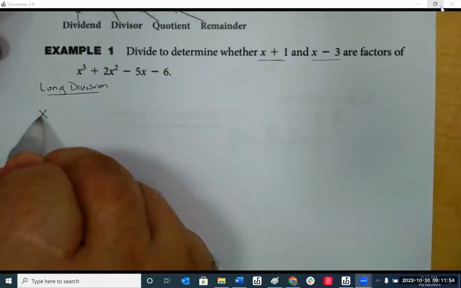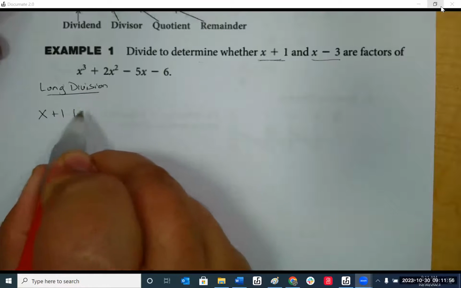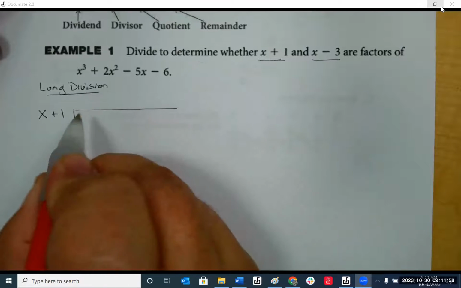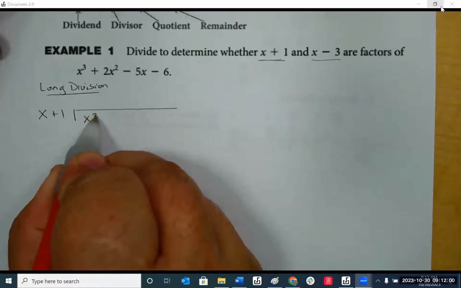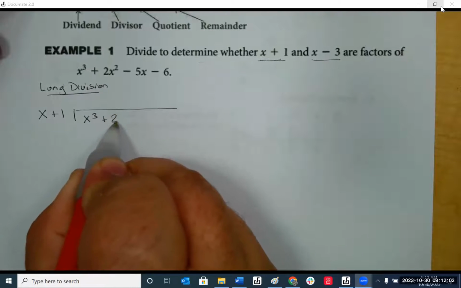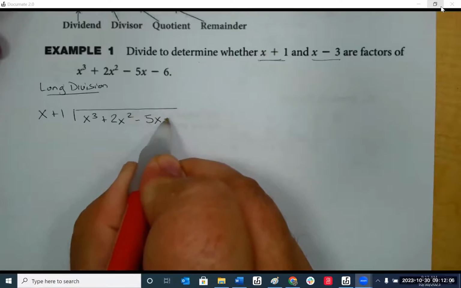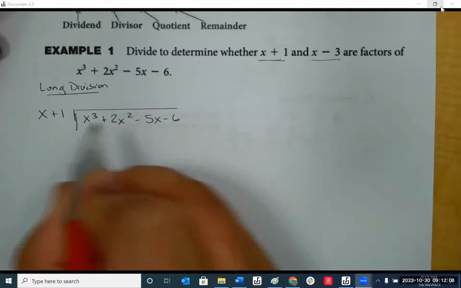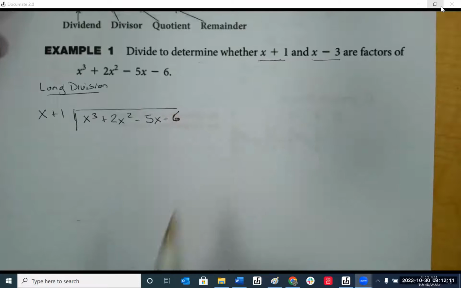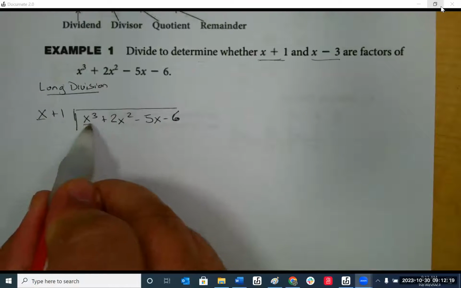So we have x plus 1, x cubed, 2x squared, minus 5x minus 6. Again, look at leading terms.